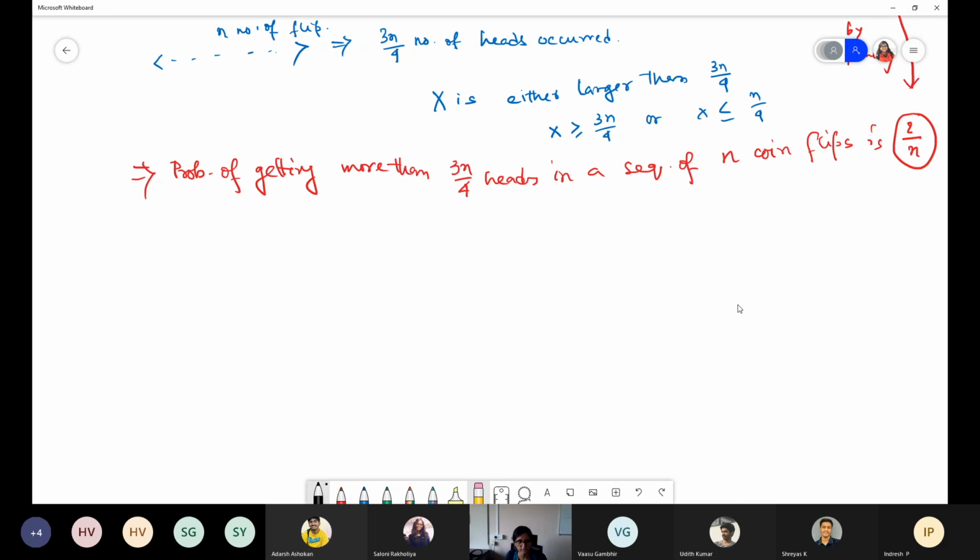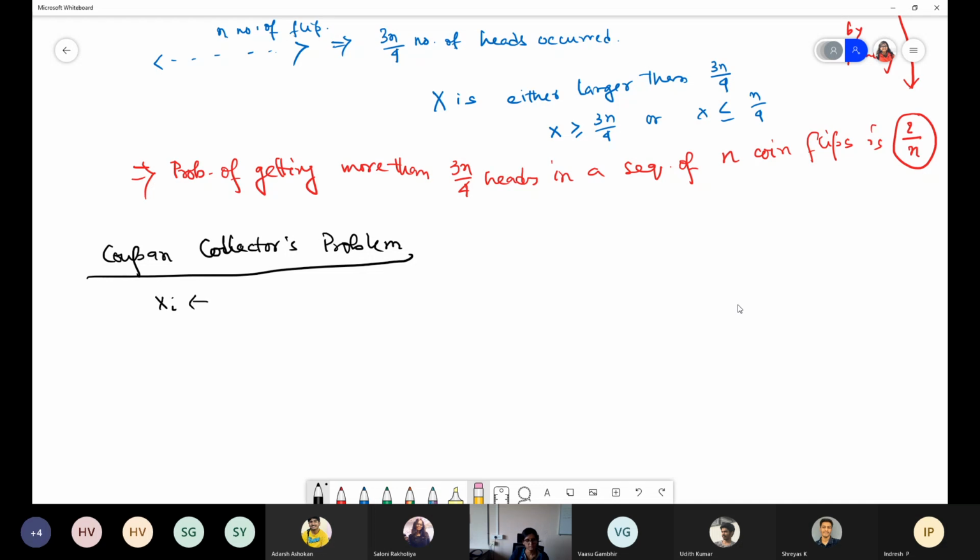Okay, now let us get back to the coupon collector problem. What have we got so far from the coupon collector problem? We had xi. What was xi? This was the probability of collecting individual coupons, right?